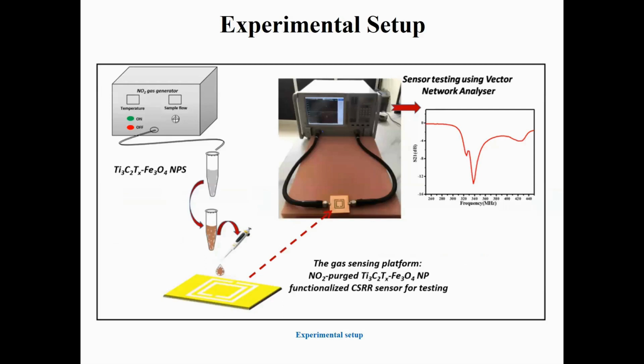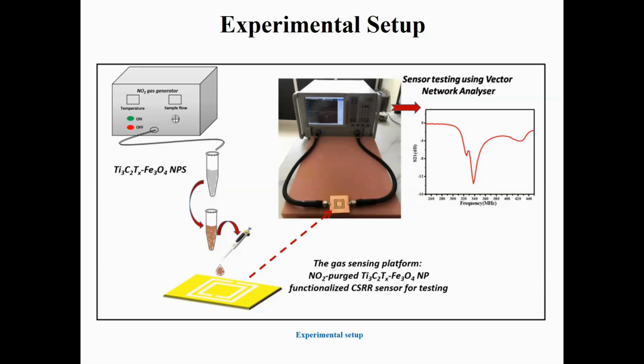This was the experimental setup, where we have a NO2 gas generator. A certain amount of the prepared MXene Fe3O4 powder was taken in a tube, and 1 ml of DI water was added, making a solution of DI water and nanoparticles.